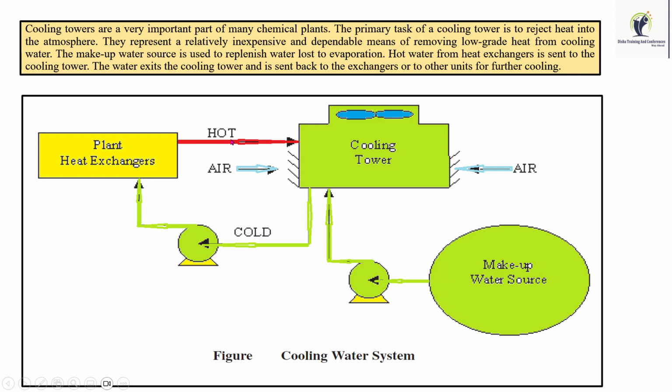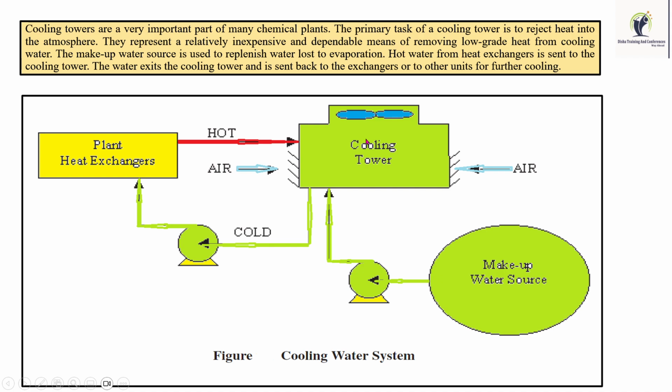When this hot cooling water comes to the cooling tower, it is sprayed from a series of nozzles at the top, and there is a fan that sucks the air from below. When the water droplets come in contact with the air, the temperature comes down, and then this low-temperature cooling water is sent back to the plant through the pump.